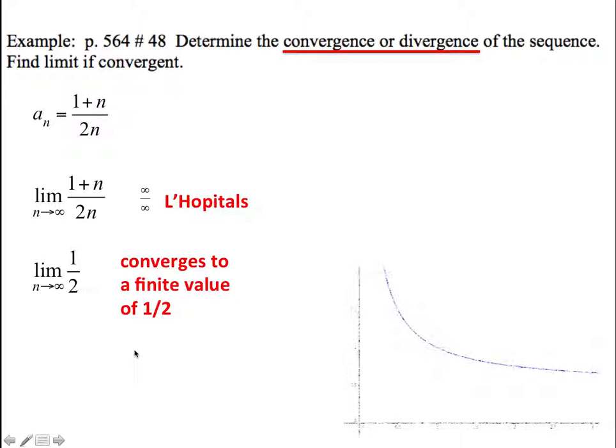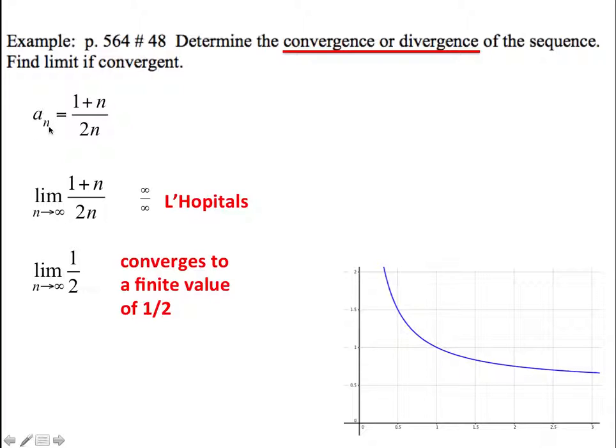So if we would graph this sequence like a function, when n is equal to 1, then we have 2 over 2, which is 1. So that's this point right here. When n is equal to 2, we have 3 over 4, which is 3/4, which is right here.